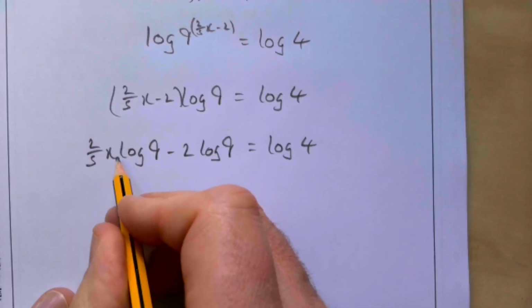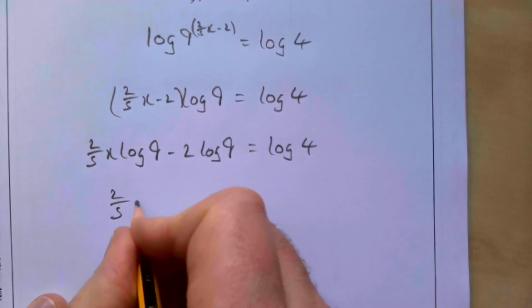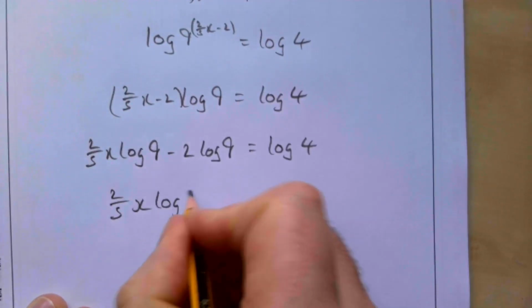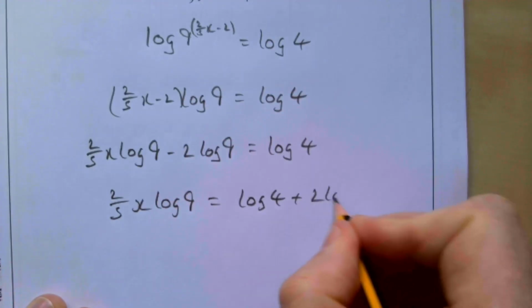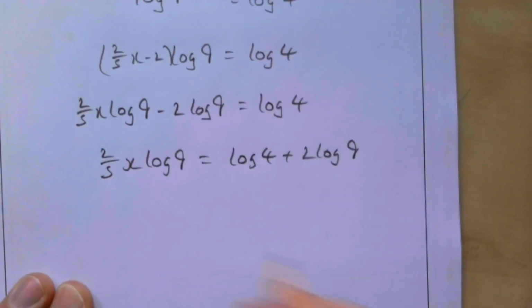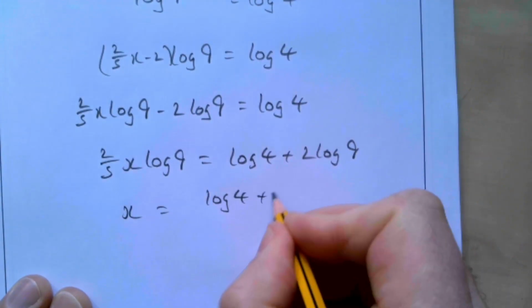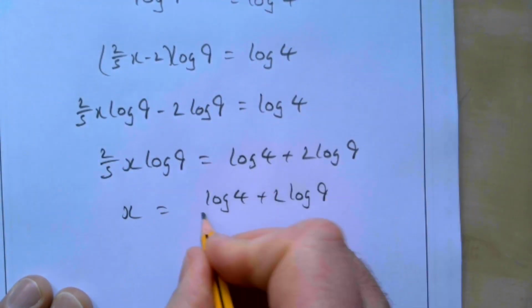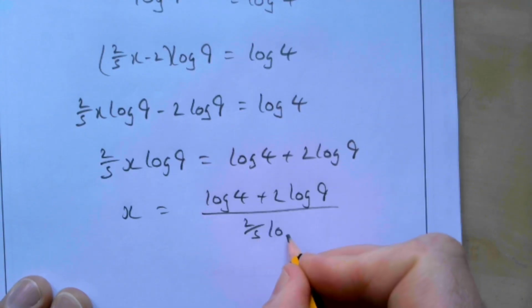Anything with an x I'm keeping here, anything without an x I'm moving to the other side. So it's 2/5 x log 9 equals log 4 plus 2 log 9. And then I'm going to get x is log 4 plus 2 log 9 all over 2/5 log 9.